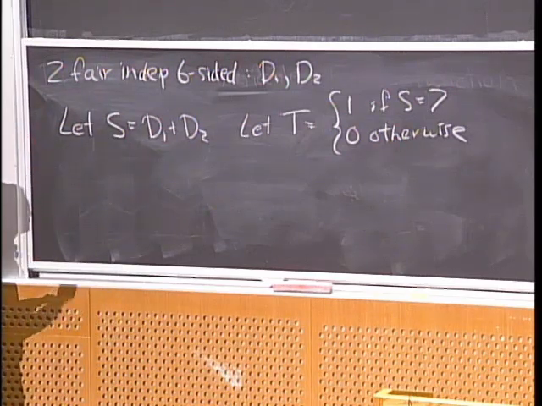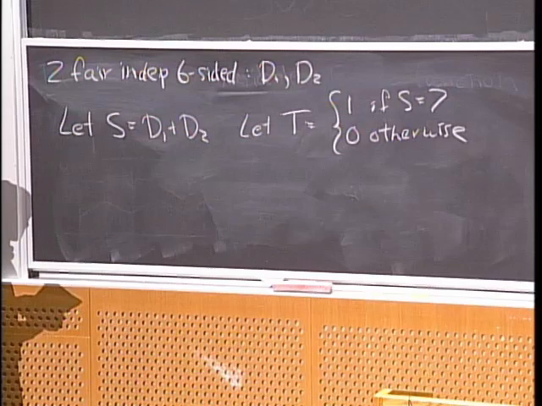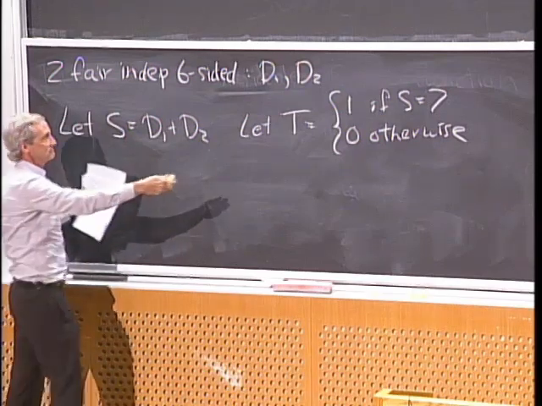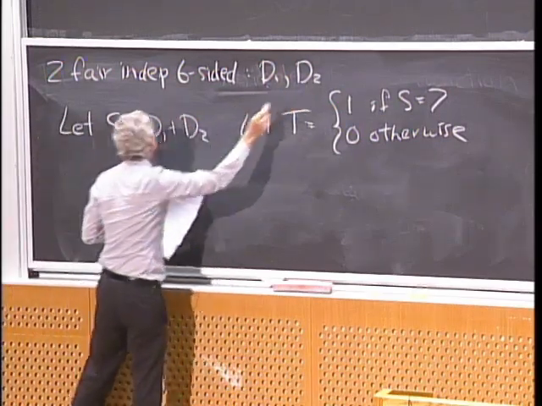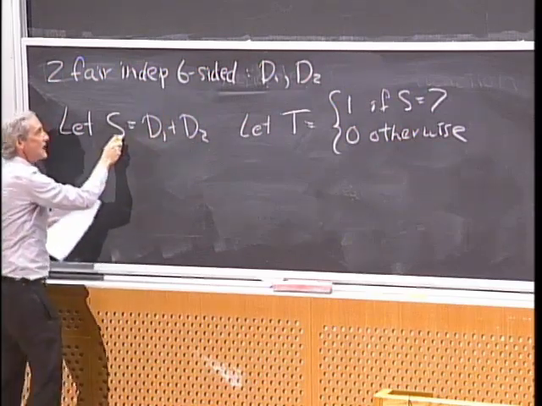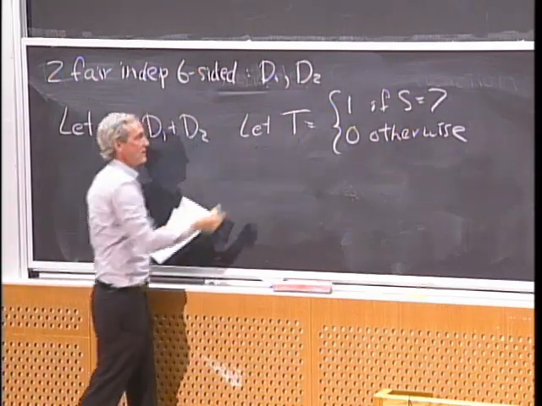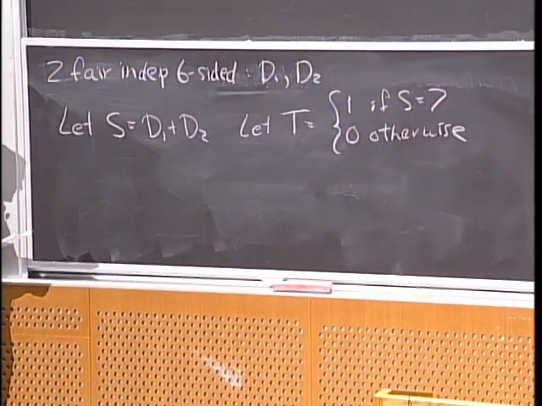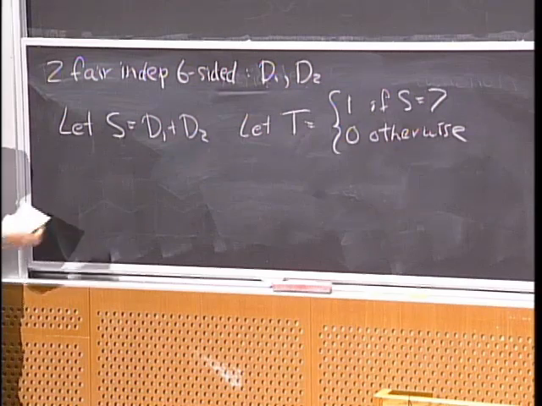It's telling you if the sum of the dice is 7 or not. All right, now there are 4 random variables here. Each die, which we've already told you we're assuming are independent, the sum, and the indicator if the sum is 7. All right, what about these two values?